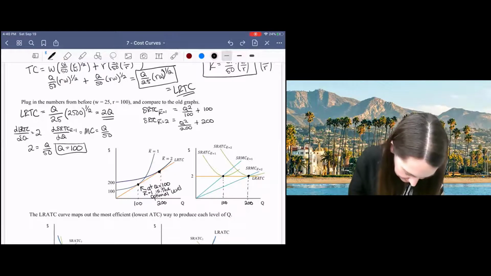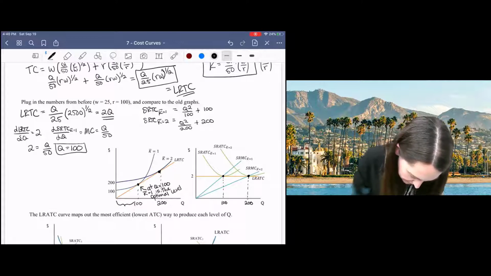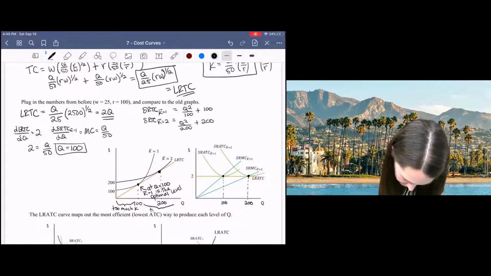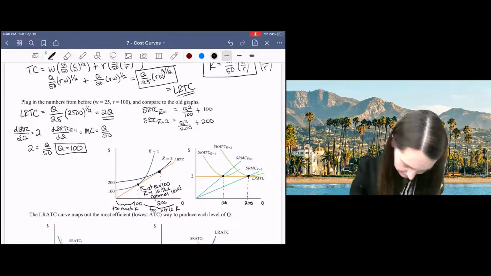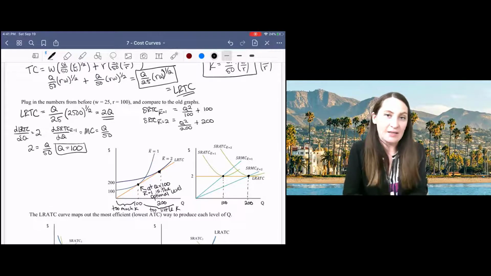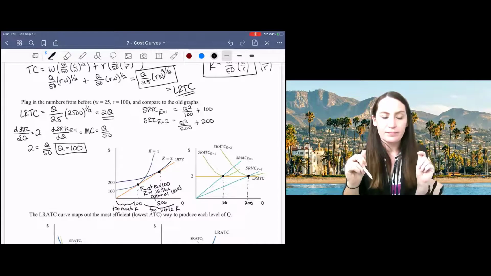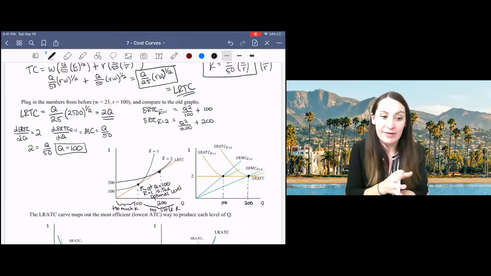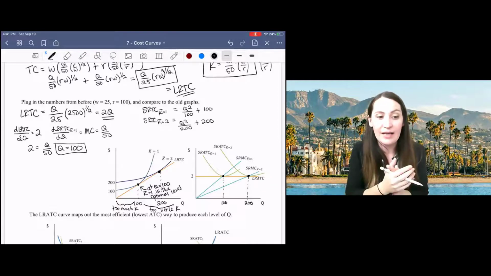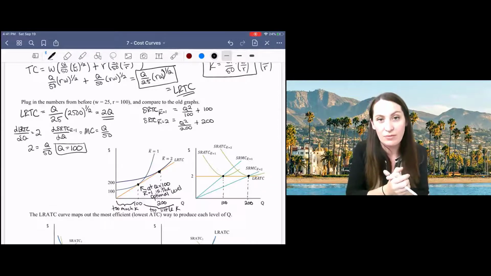And so anything below that level of production and I have too much capital, and anything above that level of production, I would have too little capital. So it just happens that if my capital is fixed at 1 in the short run, the cost minimizing level of production is 100. I may want to produce a quantity that's not equal to 100. And of course, that would mean that my costs in the short run would be higher than my long run costs.